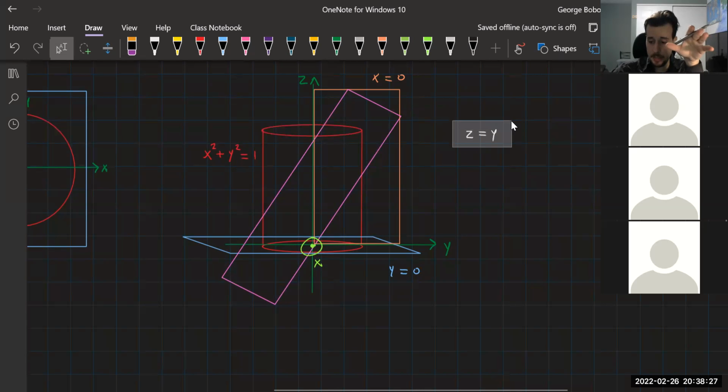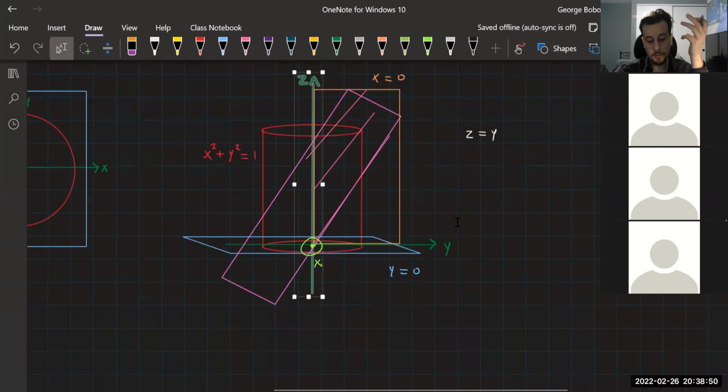So this is a plane that is basically a bunch of lines that are sloped at 45 degrees between the Z and Y axis. That's what we're seeing here. This pink one, these are all just lines right now, okay? All just lines that are sloped at 45 degrees between the Z and the Y axis. That's what this defines in 3D. So that's why you see that slanted plane, okay? And I've drawn my coordinates like that, okay?